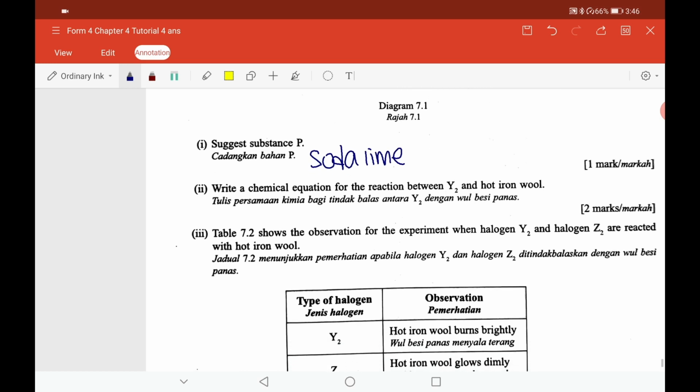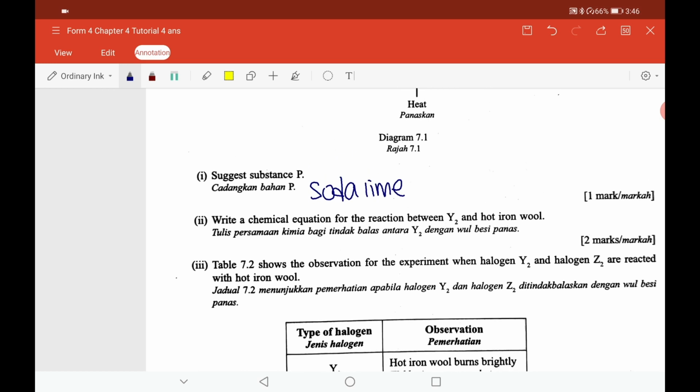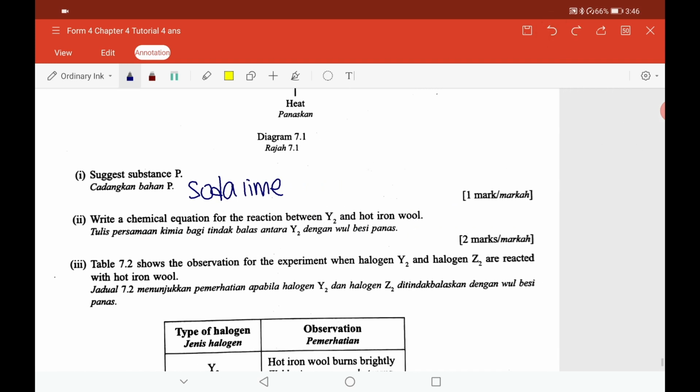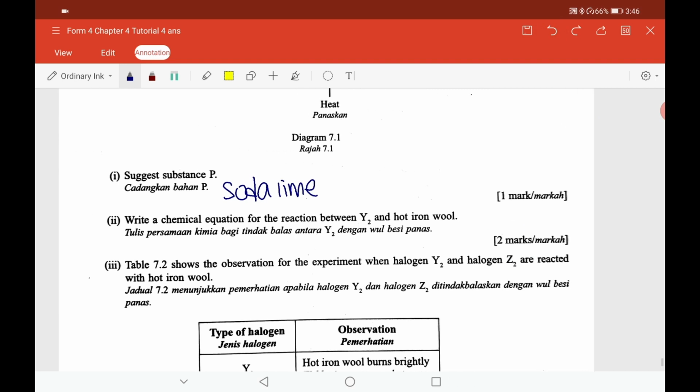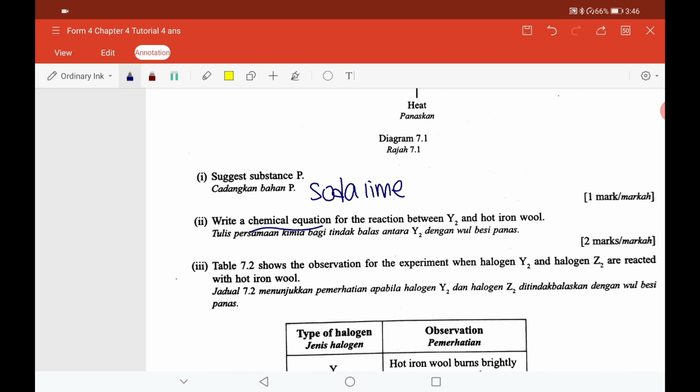Next, you need to write the chemical equation for the reaction between Y2 and hot iron wool. This question gives you 2 marks. In chemistry, when they give you 2 marks for a chemical equation, 1 mark is for writing the equation and 1 mark is for balancing it.